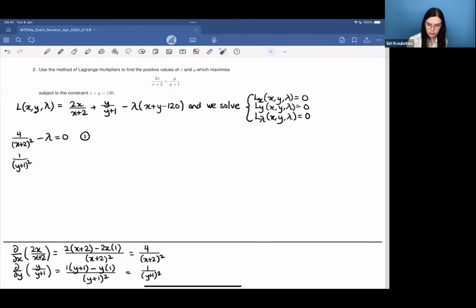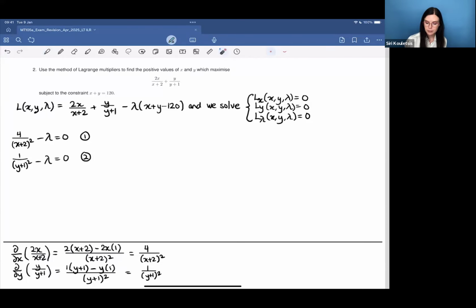And now moving on, the only other term here that involves y is minus lambda times y. So partially differentiated with respect to y, we get minus lambda, and then we set that equal to 0.